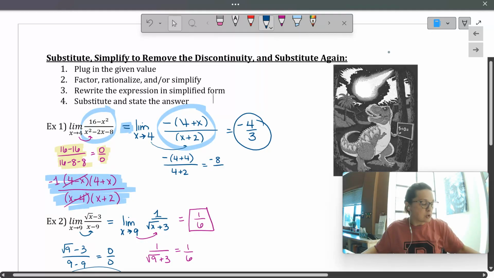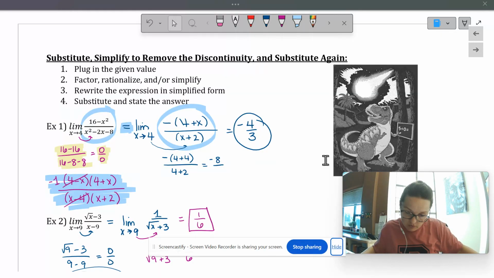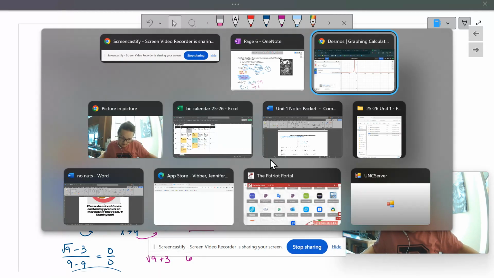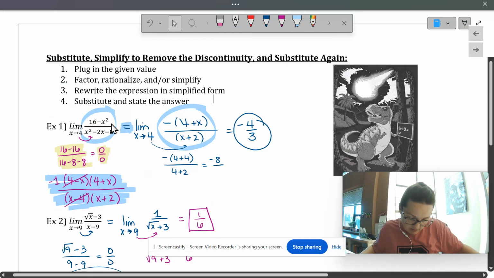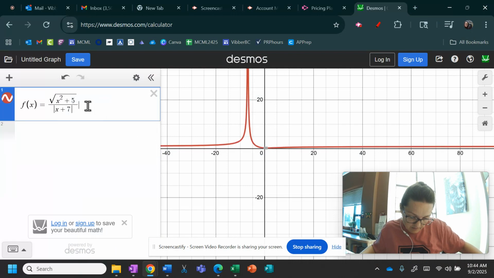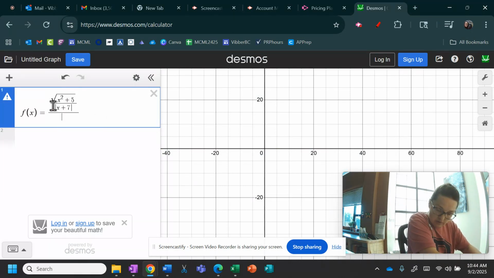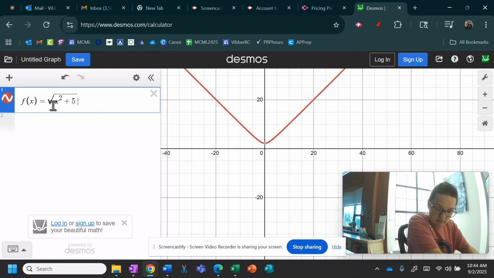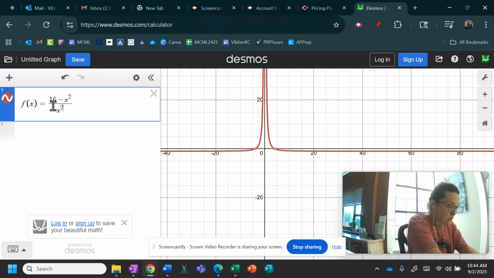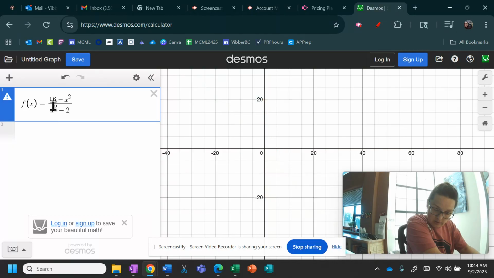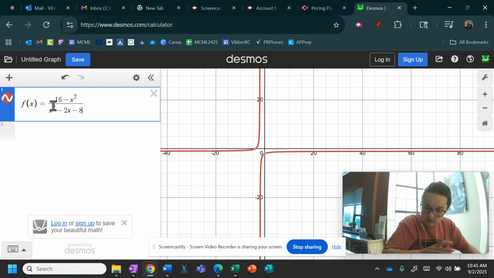All right, and I'm going to do just one of those on Desmos. Let's see, this first one was 16 minus x squared over x squared minus 2x minus 8. 16 minus x squared over x squared minus 2x minus 8.